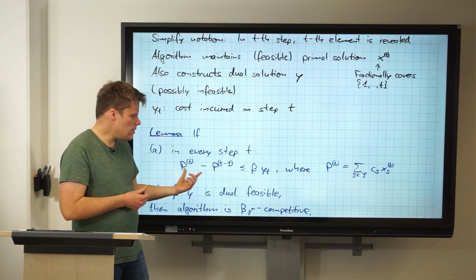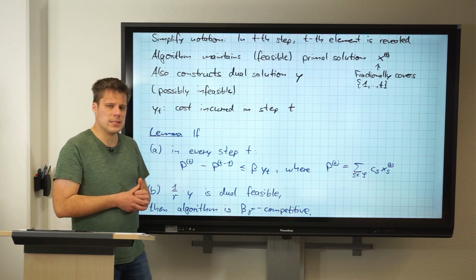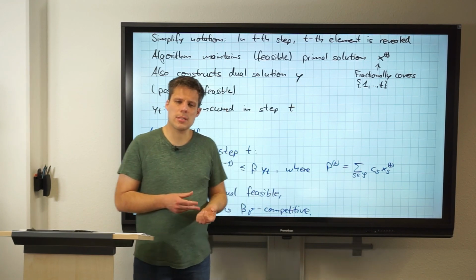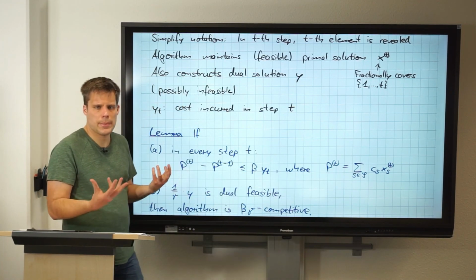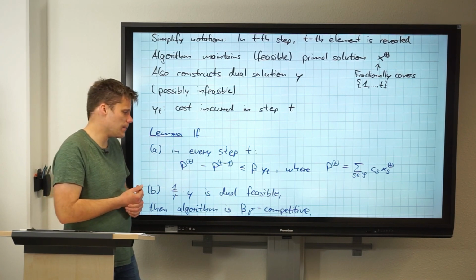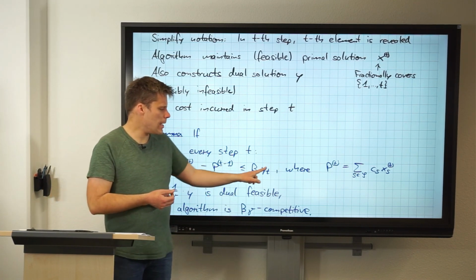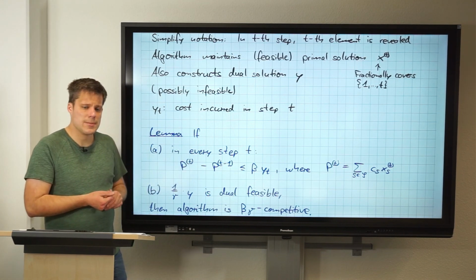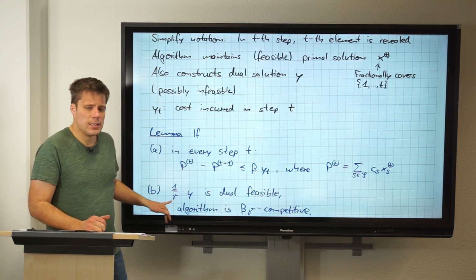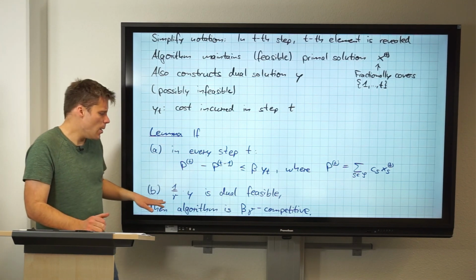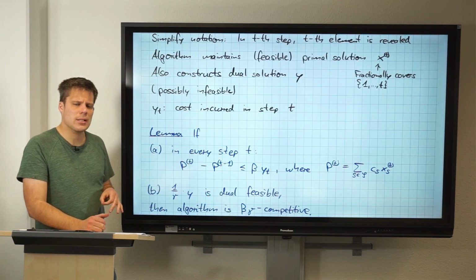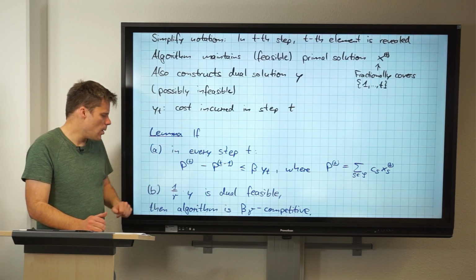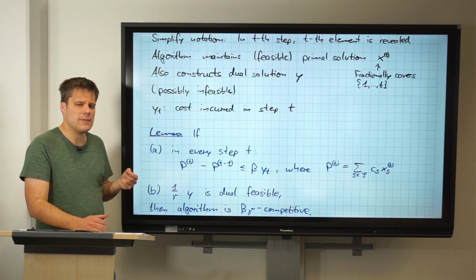And what you see here is actually the cost increase that we have, because this is by how much these variables increase, or by how much the objective function increases. And then we want, on the one hand, that this increase is bounded by beta times yt, but on the other hand, this is the second part here, we want that this is close enough to a feasible solution. We want that 1 over gamma times y is a feasible solution.